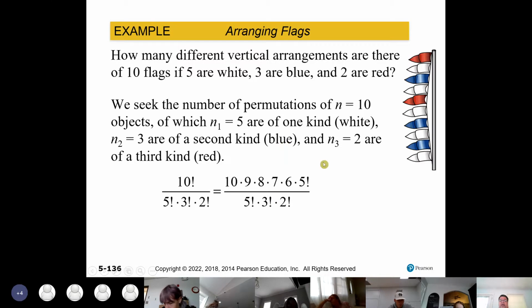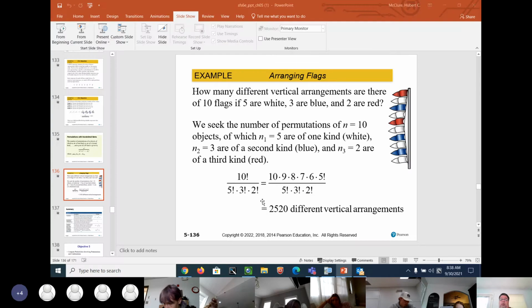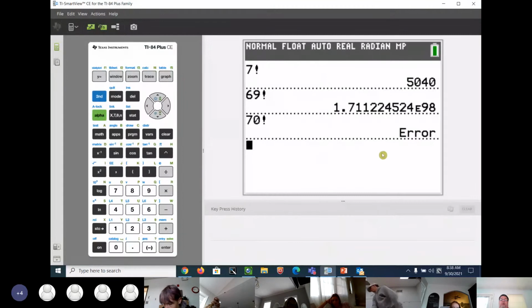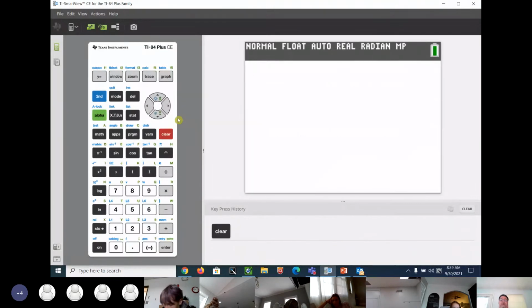So let's go to the handy dandy calculator. And let's clear it. Now I'm going to try to do this as one calculation. I've never done it as one, but I'm going to try.